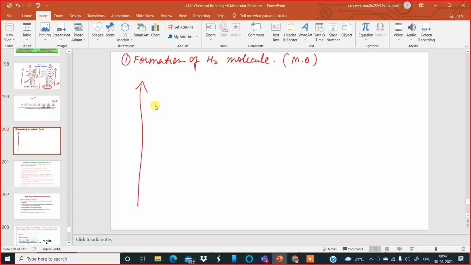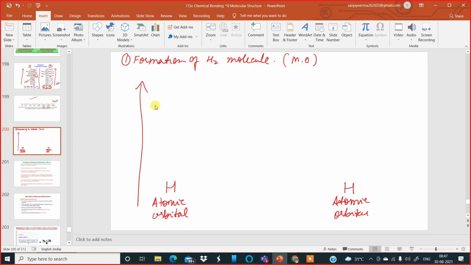There are two hydrogen atoms required. So I'll write down over here one hydrogen atom. Over here I'll write down another hydrogen atom. This I'll write as atomic orbital. Here also I'll write atomic orbital.